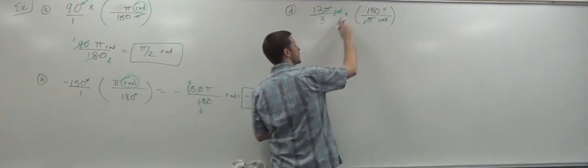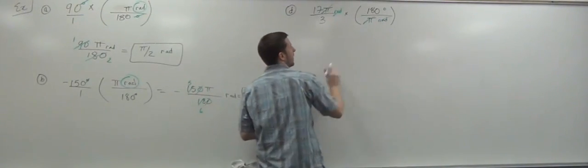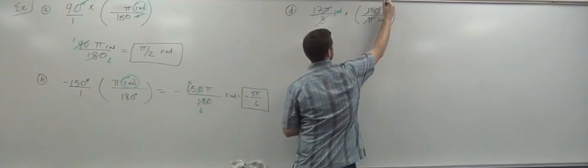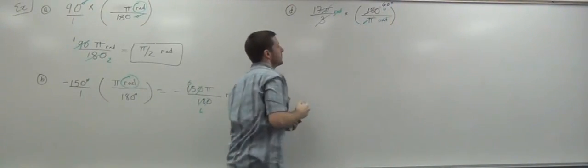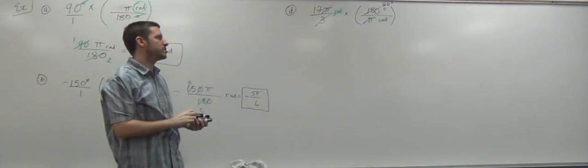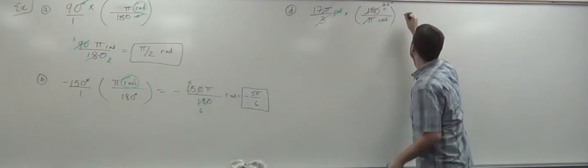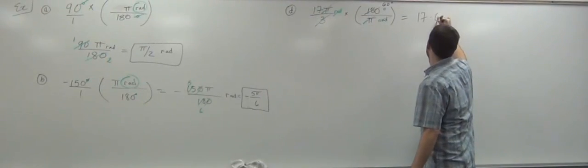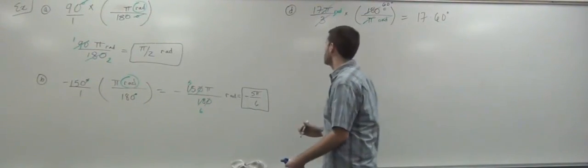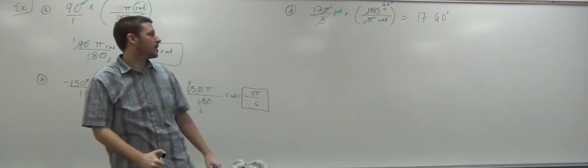So I would say, well, this 3 and this 180 can reduce right now, giving me 60 degrees up here. So really all I have to do is multiply 17 times 60 degrees. 600 plus 420, 1,020 degrees.